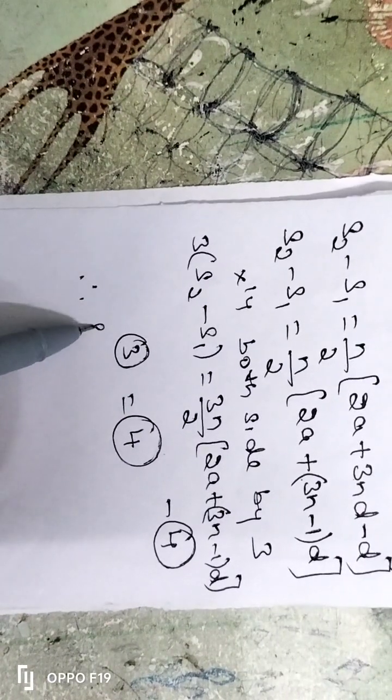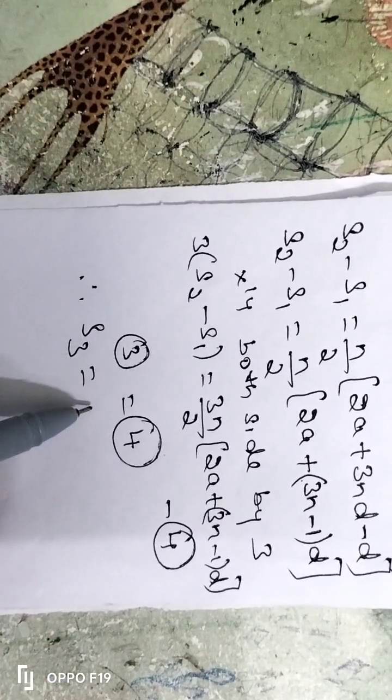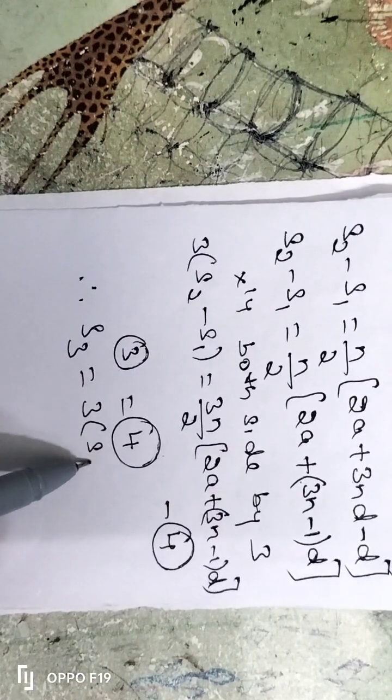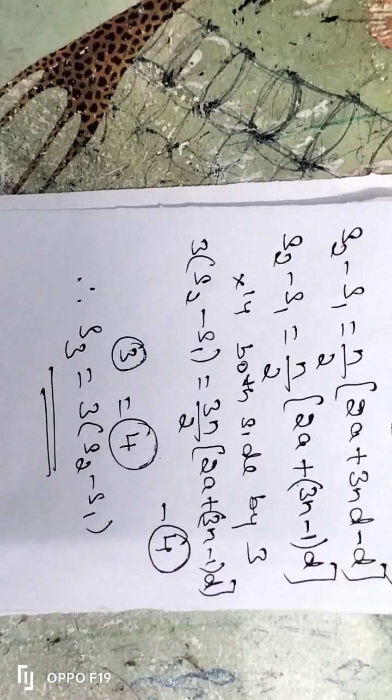Therefore equation 3 is S3 and equation 4 is 3 into S2 minus S1. Therefore S3 is equal to 3 into S2 minus S1. Like this we have to show that S3 is equal to 3 into S2 minus S1. So like this we have solved the 7th question.